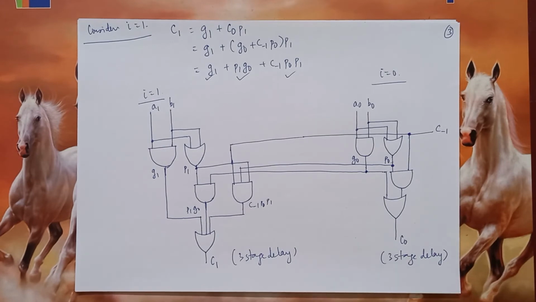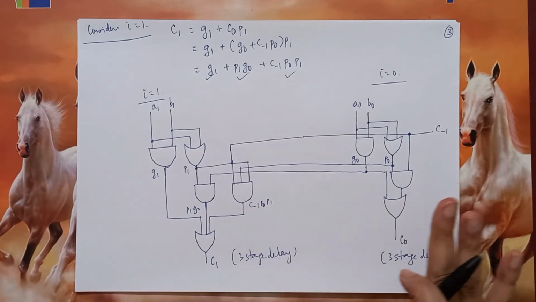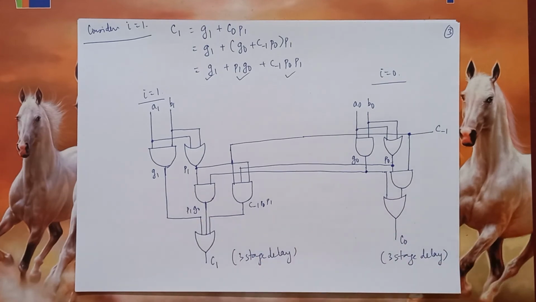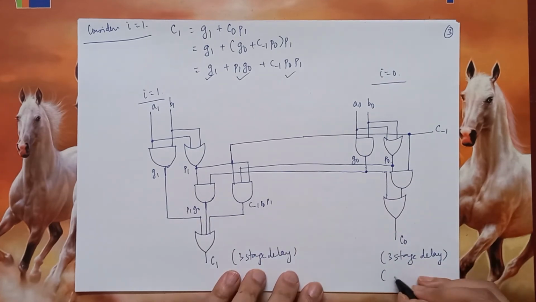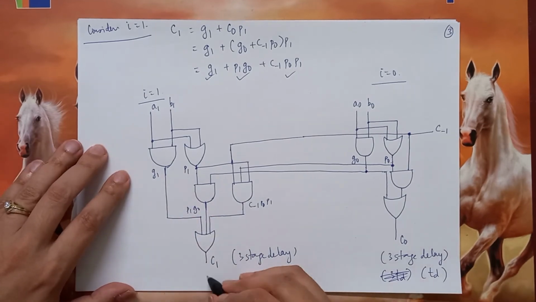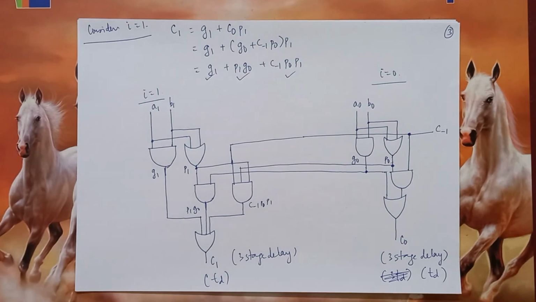So this is indeed very, very encouraging. Both in 0th stage and 1st stage, the number of delay stages are the same. So suppose we say the delay over here is TD due to 3 stages. Here also the delay will be TD. Nothing more than that. There is no linear increase now. Now what about for higher values of I?